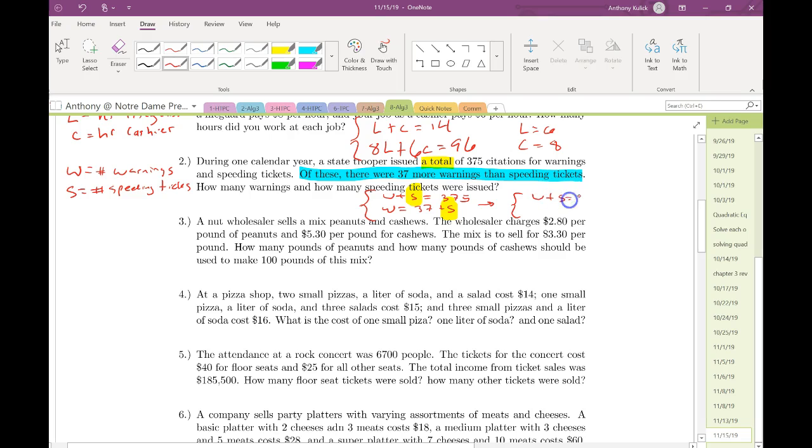I can just subtract S from both sides, and then I fixed it. Notice now that the W's line up, the S's line up, the equal sign lines up, and the solution lines up. So it's all set to be entered into a matrix now.